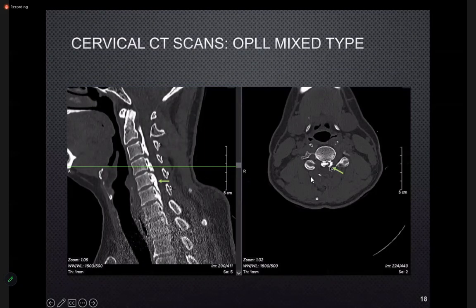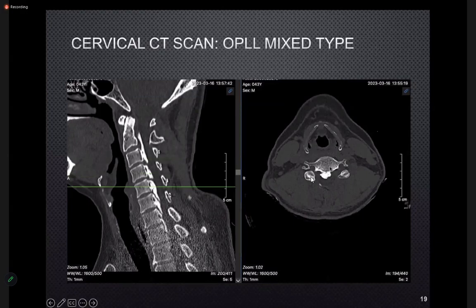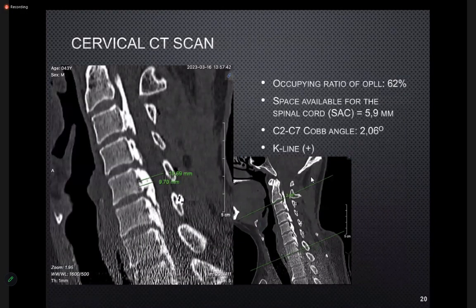This is the ossified mass on CT scan. On CT scan, we calculated the occupying ratio of OPLL is 62%. The space available for the spinal cord is 5.9 millimeters. We see the C2 to C7 curve angle is 2 degrees with K-line positive.